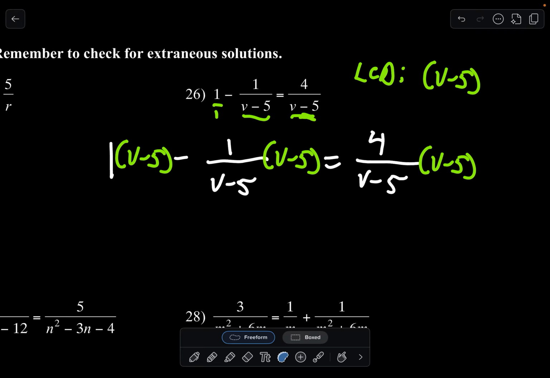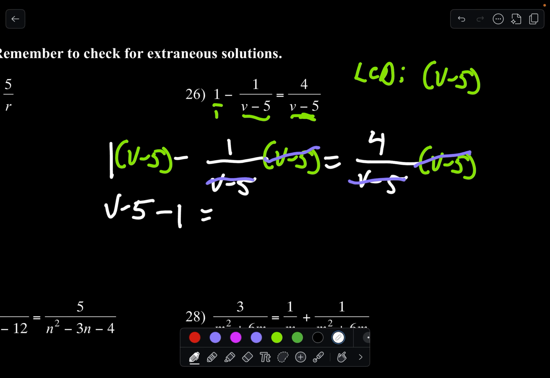Notice on each of them, the v minus 5's divide out, and we have to figure out what this is, 1 times v minus 5, which is, drum roll please, I know this will blow your mind, v minus 5 minus 1 equals 4.